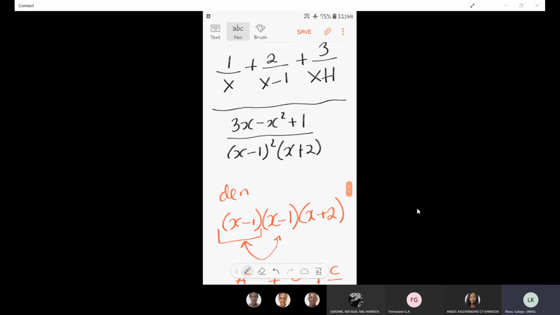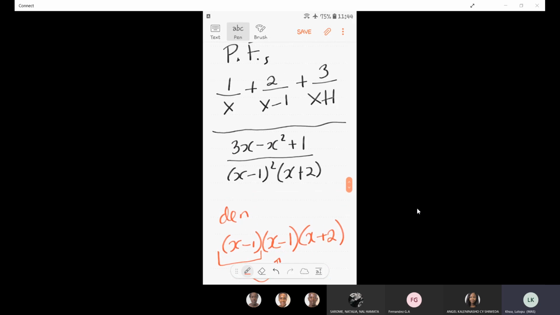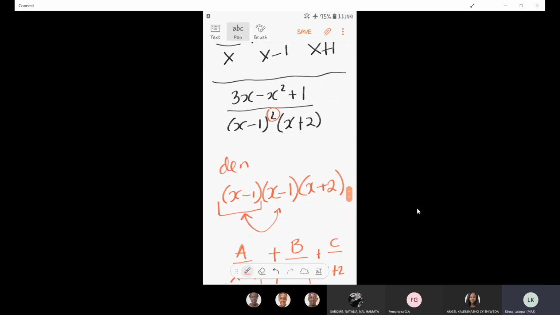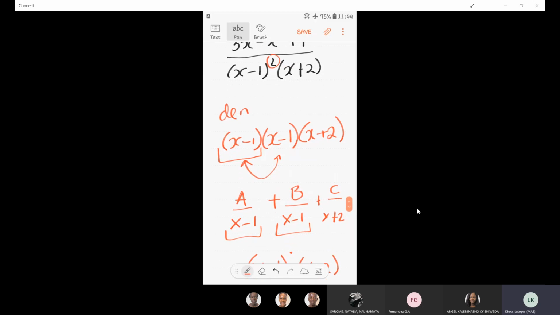So what we do when we have repeated terms is we need to build up to that power that we have over here. So if this is 5, you will do this till you get to whatever that power is. You start with 1, 2, 3, and so on. Now the way we do it is, because what I'm squaring is linear, my numerator will still be a constant.